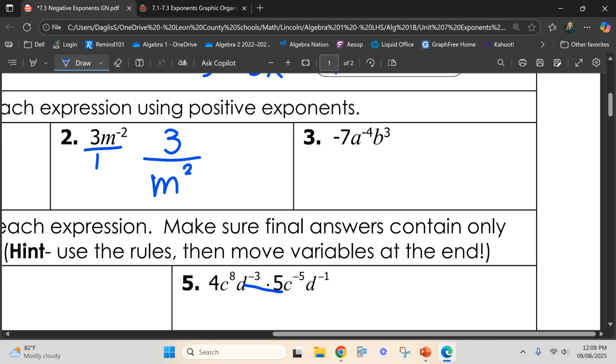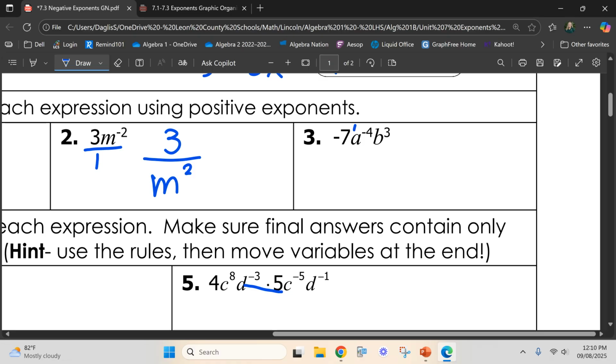They're trying to trick you. There's a 7, there's an a, and there's a b, right? What base has the negative exponent? Just the a, right? You have a raised to the negative 4 power. Does negative 7 have a negative exponent? No. What's technically the exponent for negative 7?